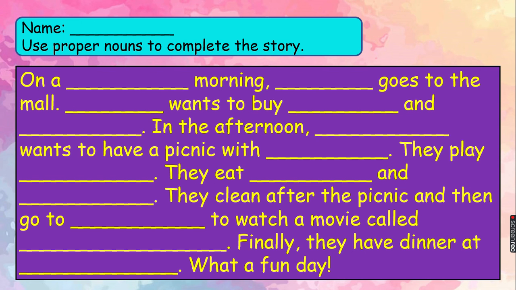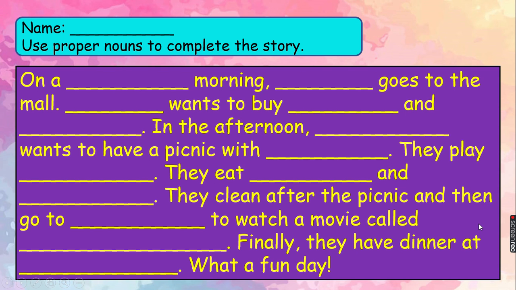And all you have to do is complete the story with your own proper nouns. You can use your name, your friend's name, the places where you want to go, food you want to eat, a movie you want to watch. You can include that. Or even better, you can make your own story. Yeah, I like to give you guys a lot of options.